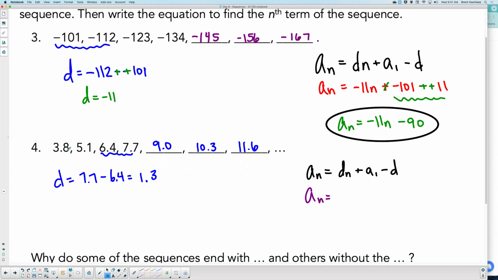Our D is how much it's changing by. So the 9 would be called A1, 2, 3, 4. This would be A5, because it's the fifth term. It's the fifth in the row. But our D is how much it's changing by. We're changing by 1.3. So put 1.3 in plus, what's A1?